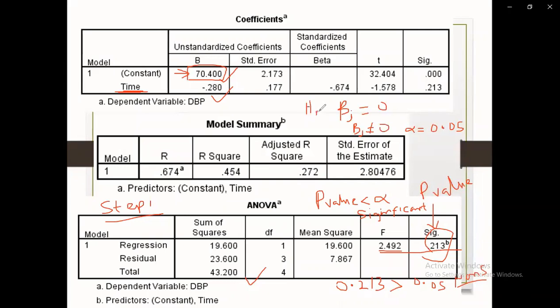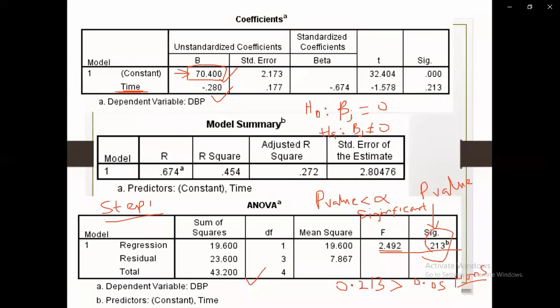H naught is the first one, and then Ha is your alternate hypothesis. Once again, you conclude based on your alpha and the p-value, which I've just explained.